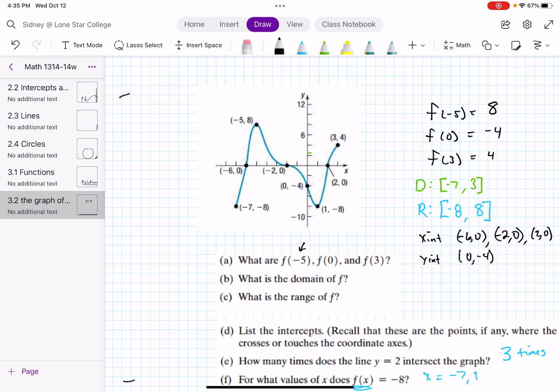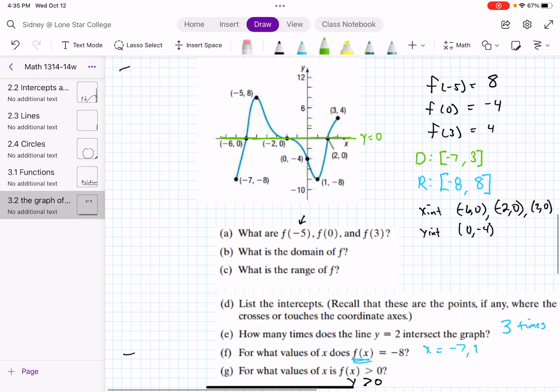Well, the horizontal line y equals 0 is this right here. This line is y equals 0. That's also the x-axis, but it's also the line y equals 0. And this question says, for what values of x does this graph have y values above 0, greater than 0?